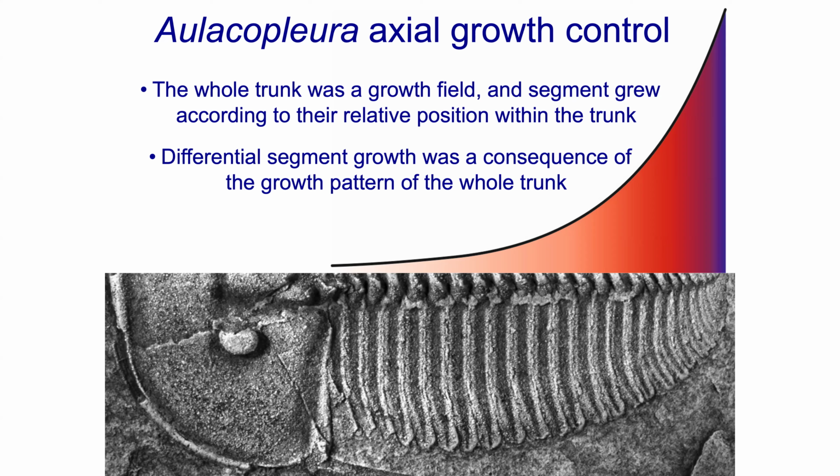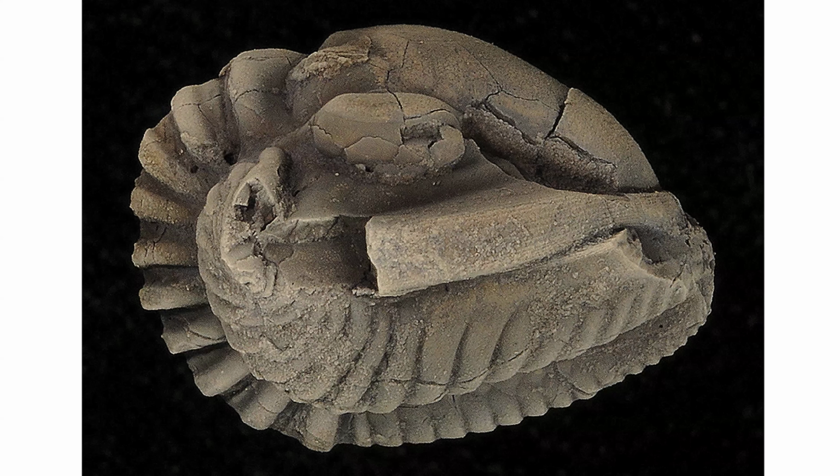Okay, so now I want to talk a little bit about some of the nice things that trilobites do and bring this back to our friend Alacoplura that we've just been talking about. This is a Carboniferous trilobite, a Pennsylvanian trilobite.